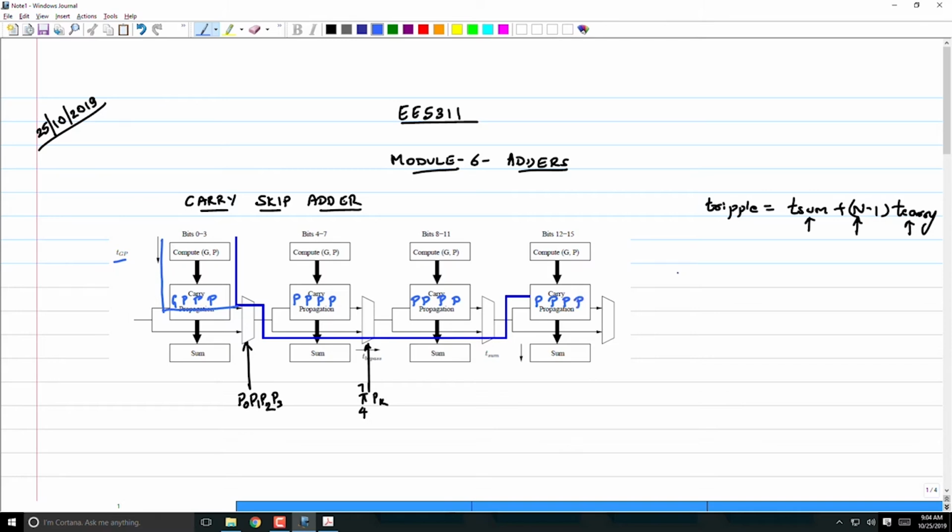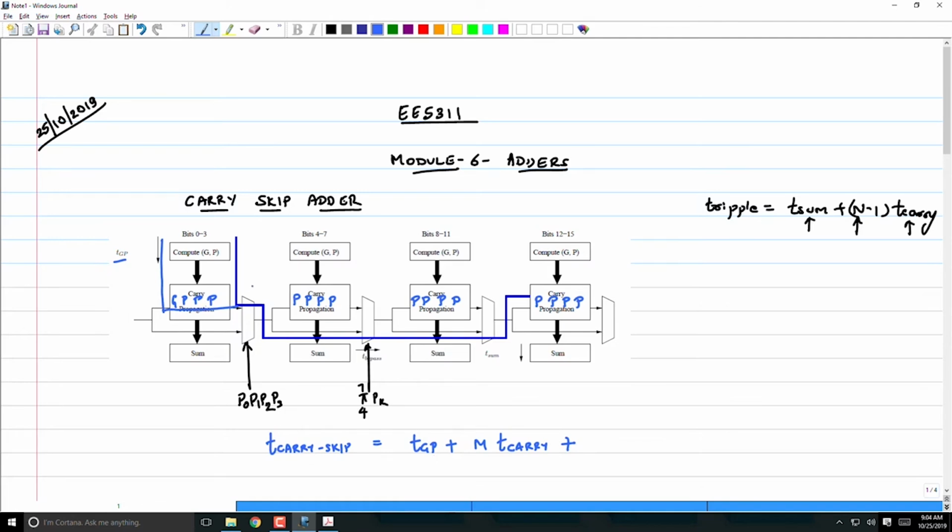Correct? And therefore, we got the expression for the carry skip adder as what? T GP plus M times T carry. Now you have to bypass n by m minus 1 multiplexers.